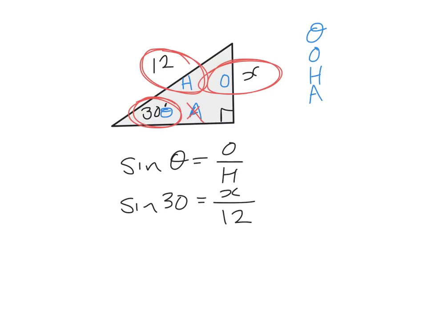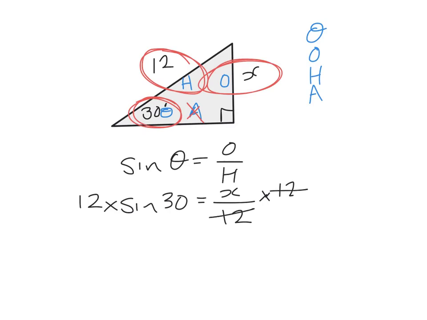Remembering everything you know about solving equations, how do we get X by itself? We want to undo this divide by 12 thing, so what do? Times it by 12. In fact, we're going to times this side here by 12. And because we're doing it to the right-hand side, we have to do the same to the left-hand side.